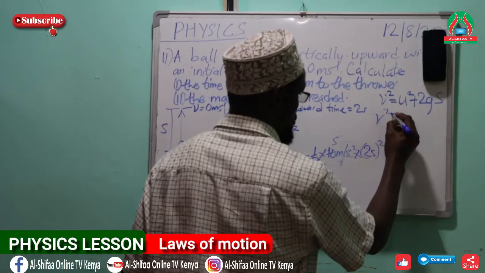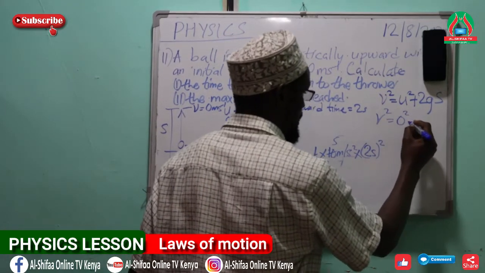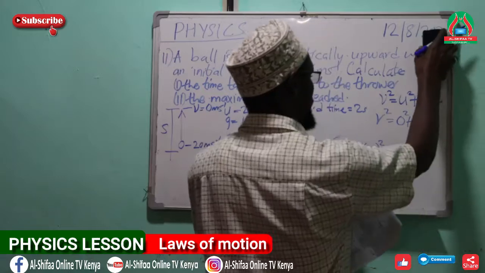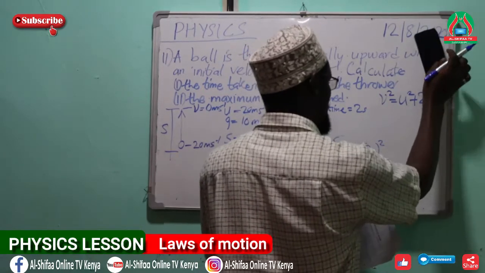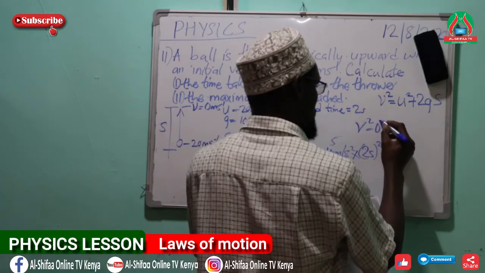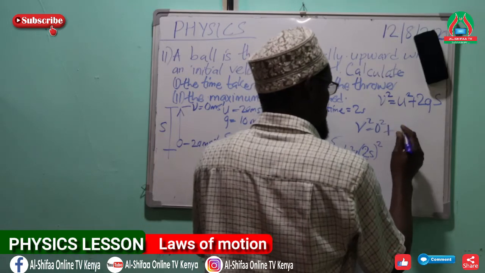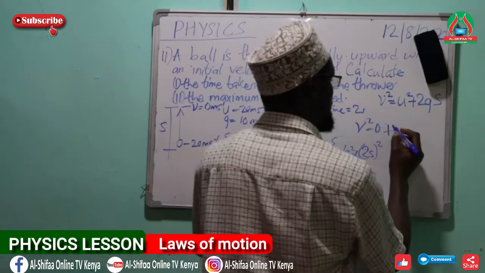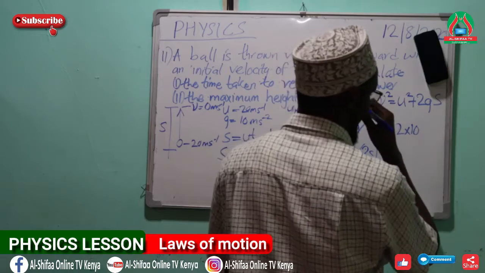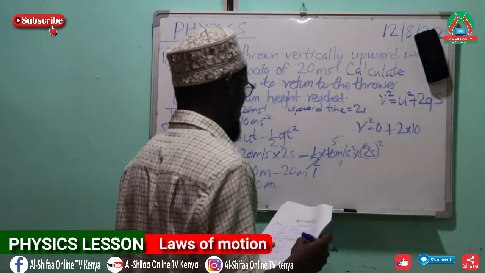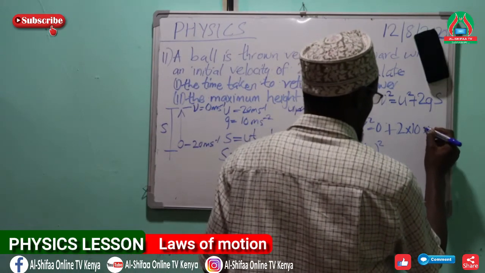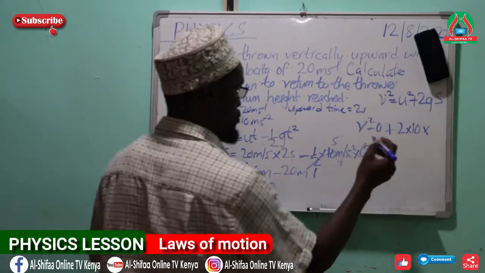So the final velocity squared is equal to 0 squared plus 2 multiplied by 10 multiplied by distance, which is 20.